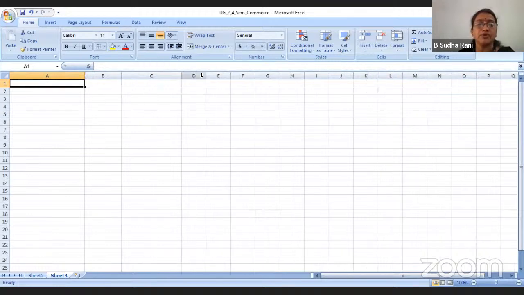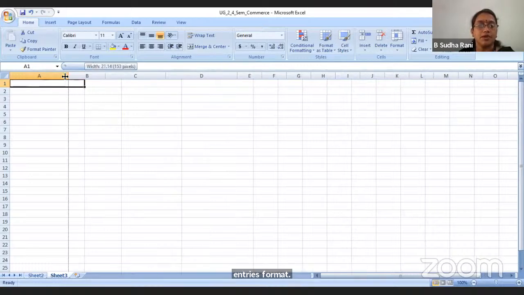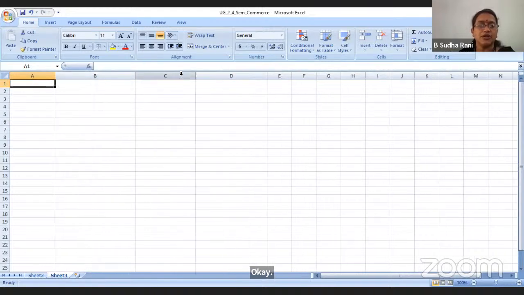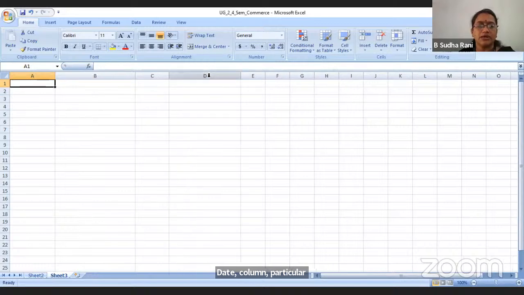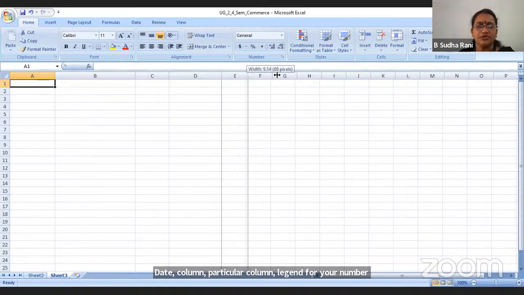Actually, I hope every one of you knows the journal entry format. Date column, particulars column, ledger folio number, debit amount, credit amount. These are the columns you will generally get in journal entries.